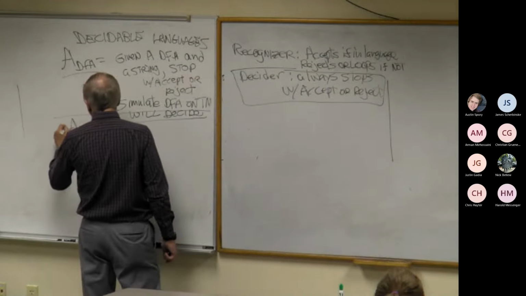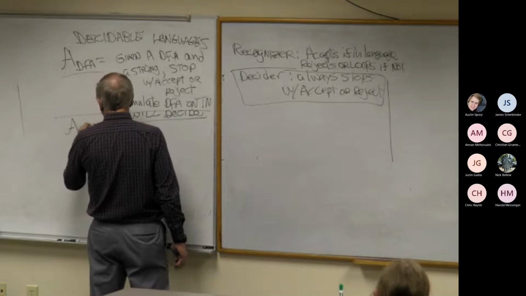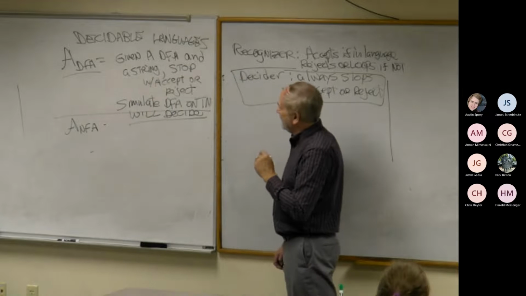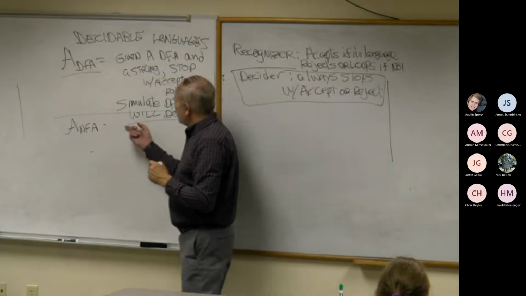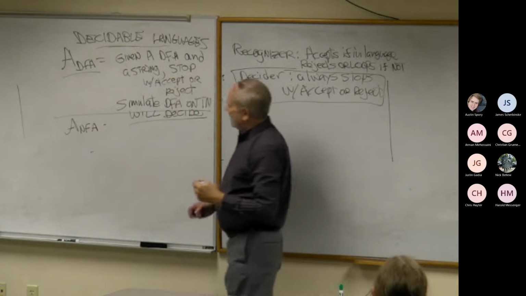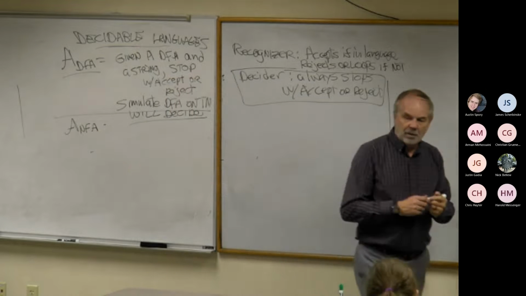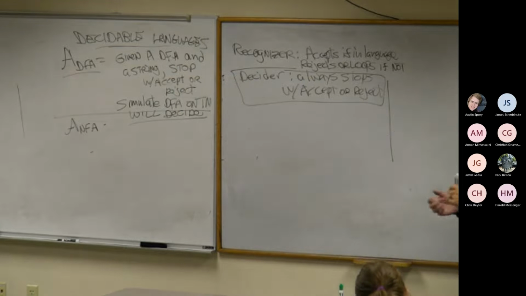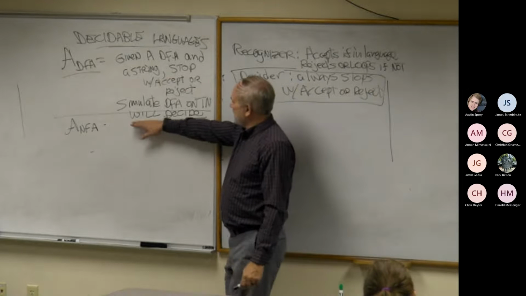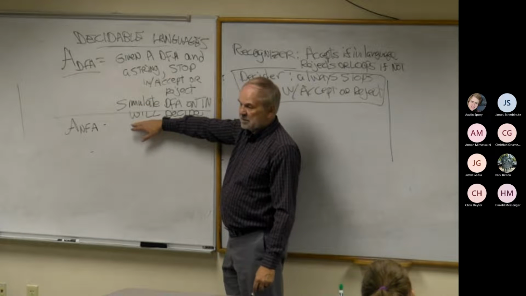So I'm not going to go through all of these on the board in detail. Acceptance by DFA is decidable. Acceptance by an NFA, how can you justify that? Well, we have a known stopping algorithm that will, worst case, if we have the code for this, we've got a Turing machine that will do this.